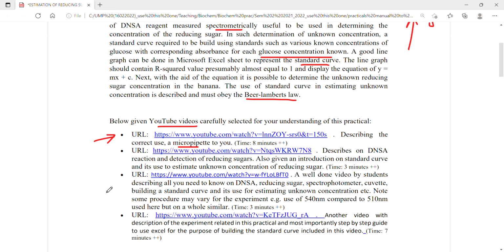For instance, you can deliver, say, 550 microliters of water into the test tube, and this is a very small volume, and hence using a measuring cylinder will not be accurate. So it is best to use a micropipette.